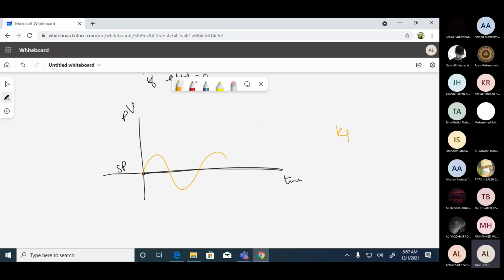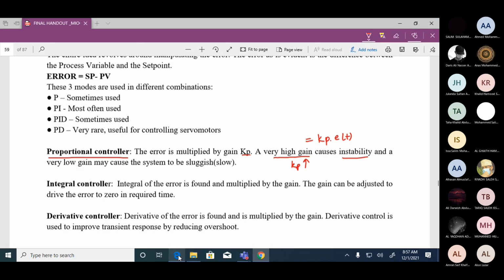Now, if you keep the value of Kp very high, you will notice that the process variable is going to change rapidly. It's going to become like this. It will almost become like an on-off controller. So, a proportional controller with very high gain is unstable, meaning it is becoming like an on-off controller.